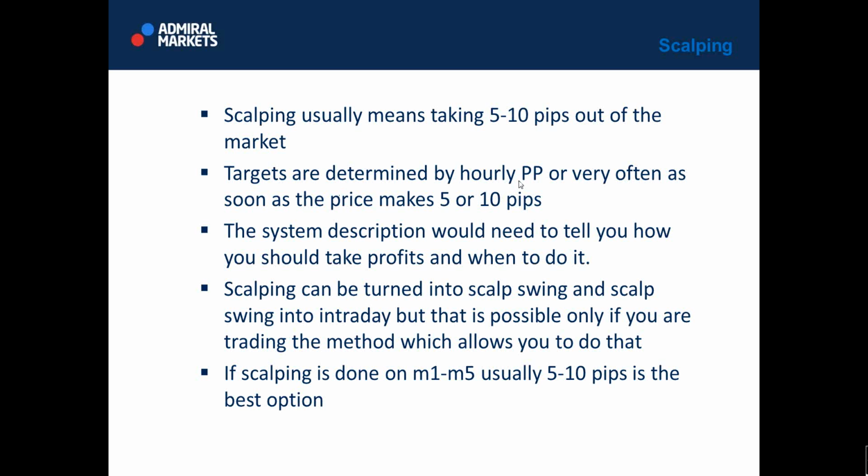Now, targets are determined by hourly pivot points as soon as the price makes 5 to 10 pips. Scalping is most suitable for gamblers because gamblers like fast profits, and scalping is also suitable for professional traders who want to build their account, because there is a difference between an already built account and an account that is being built up.